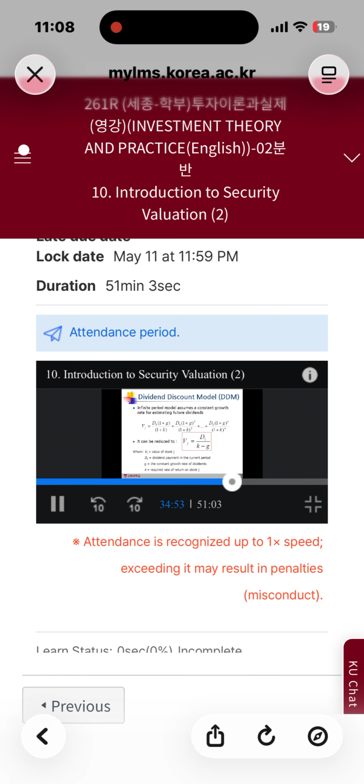And if we assume that dividends grow at a certain infinite growth rate, we call it the constant dividend growth model. So if the number of periods n goes to infinity, the model converges as follows.